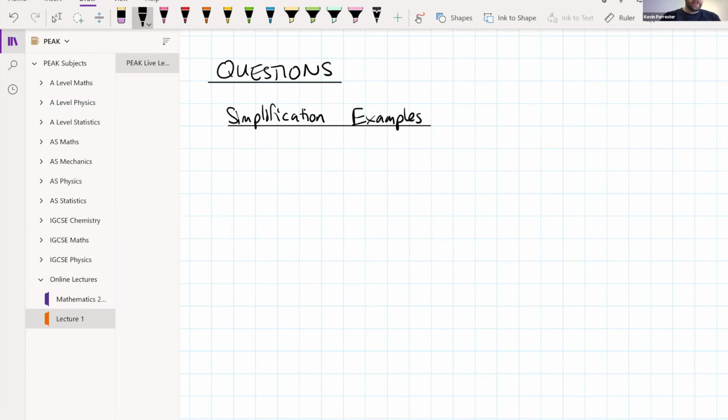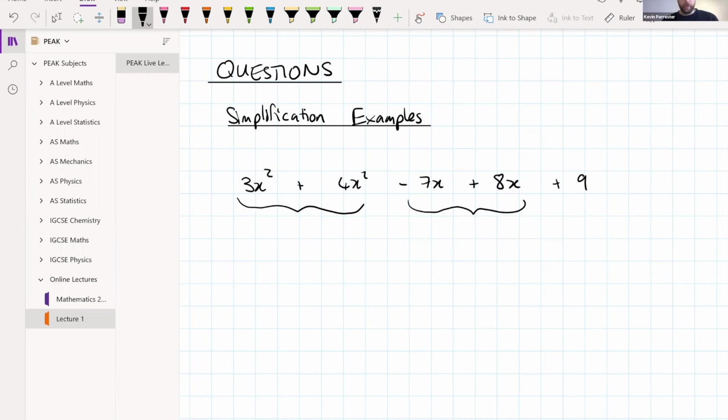And the question is quite a complex one, so let's take a look at it. So we have 3x squared plus 4x squared minus 7x plus 8x, goodness, this person gave me a long one, plus 9. Right, so this one looks quite interesting, and we can see that we can simplify this one quite easily, because we just see that there are two sets of terms that we can combine to form a singular term.